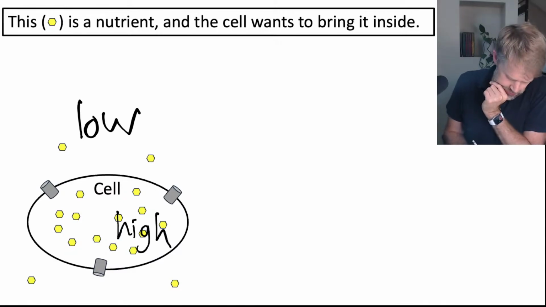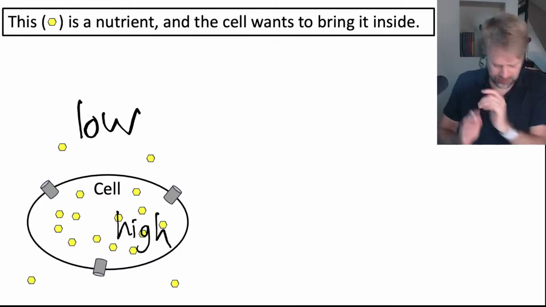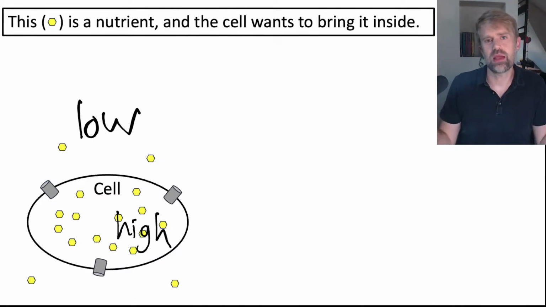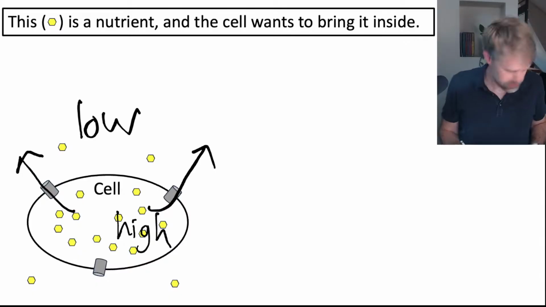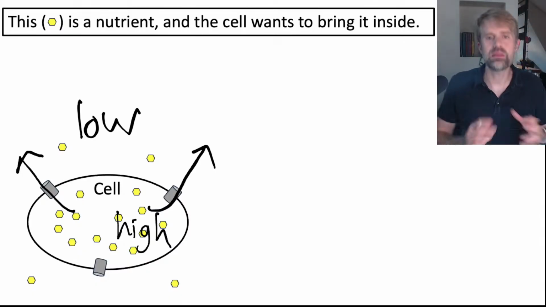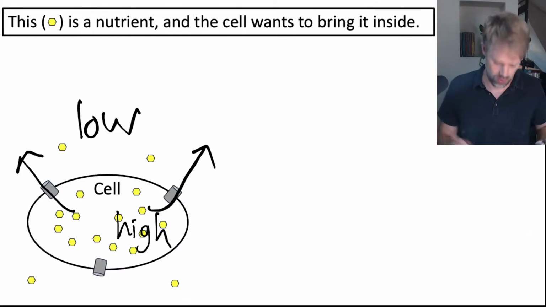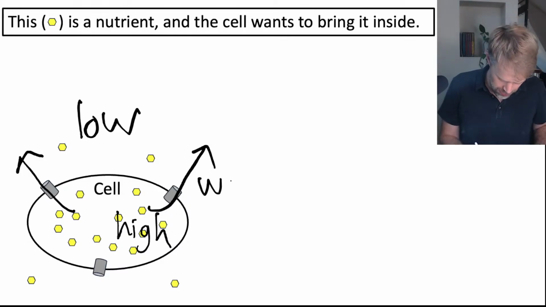That means that if left to their own devices, these things want to come out. That would be the normal direction of flow on their own. They would come out on their own.